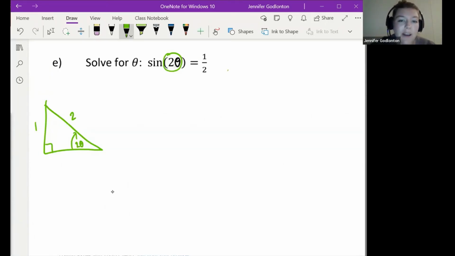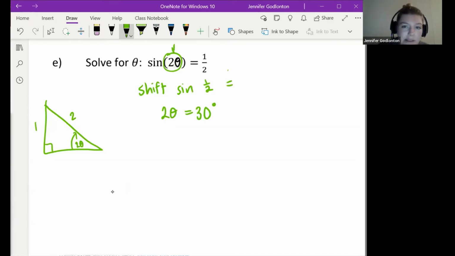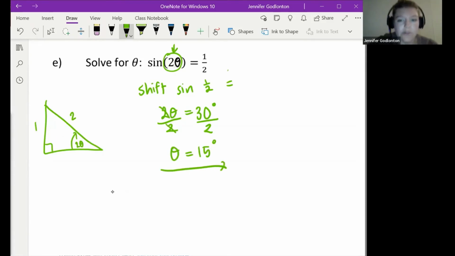So if I put into my calculator shift sine 1 over 2, that's telling me that 2 theta is equal to 30 degrees. But I don't care what 2 theta is, I care about what theta is. So I'm going to divide that by 2, which means theta is equal to 15 degrees.